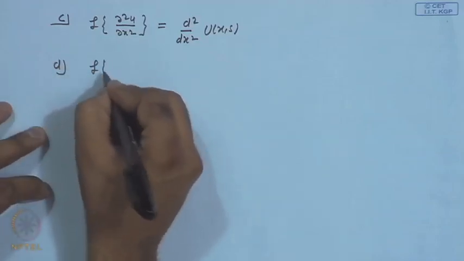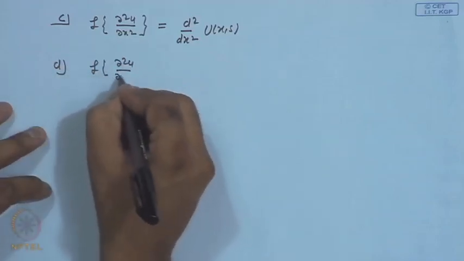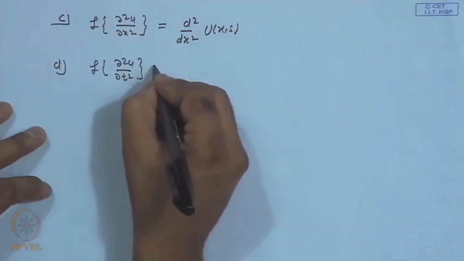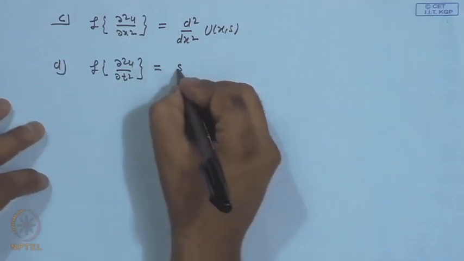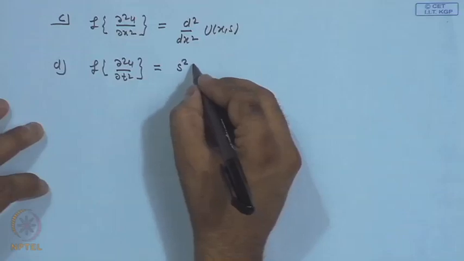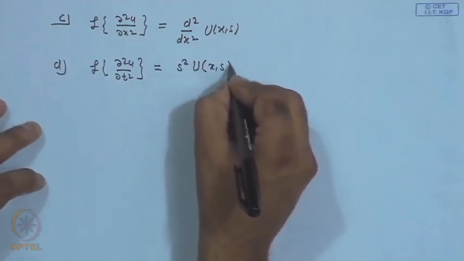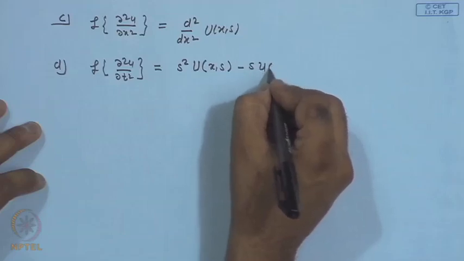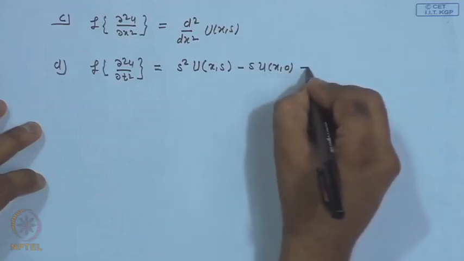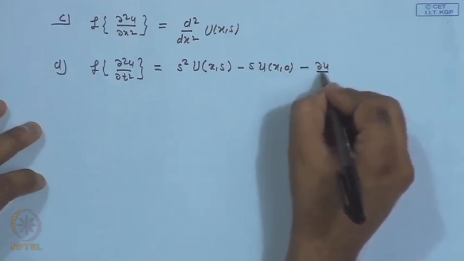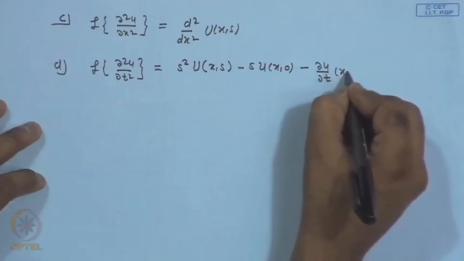Next we have the Laplace transform of del 2 u over del t square, and now here we have t. So, we need to go for the derivative theorem, and similar to the one dimensional case or the ordinary differential equations case, we have s squared U(x,s) minus s u(x,0), and minus the derivative of u with respect to t at (x,0).